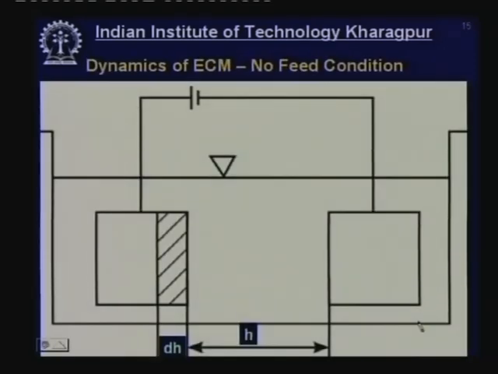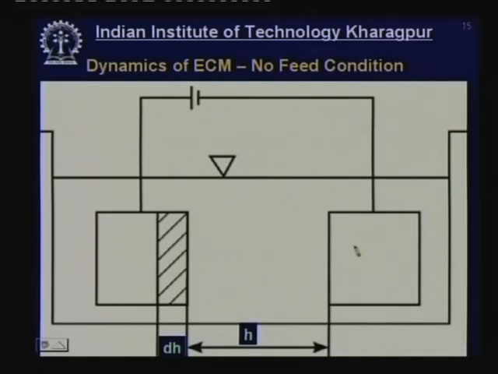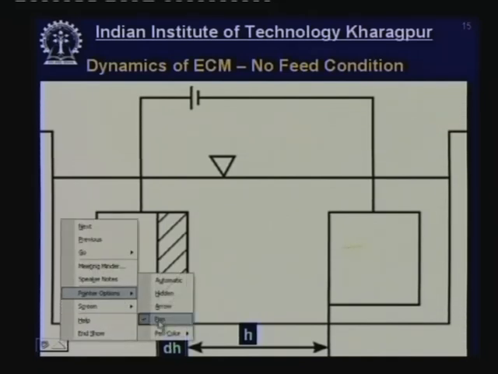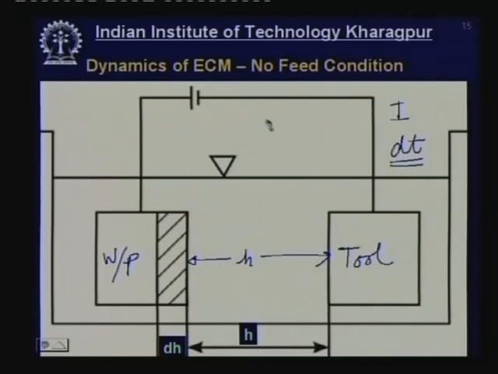Now, we have got the expression of material removal rate, but during the machining process, where is the tool? During the machining process, this is my tool and this is my workpiece. During a particular instant, there is a distance h separating them, and I am passing a current I through the cell over a time span dt, and the total charge involved, dq, is I into dt.